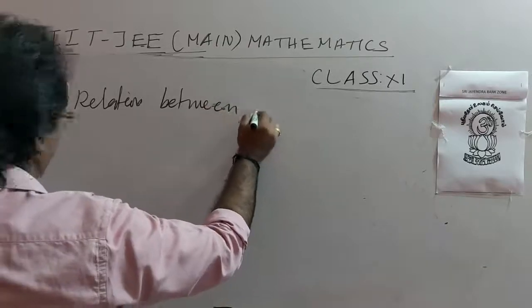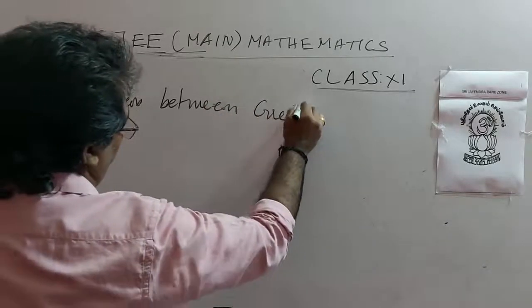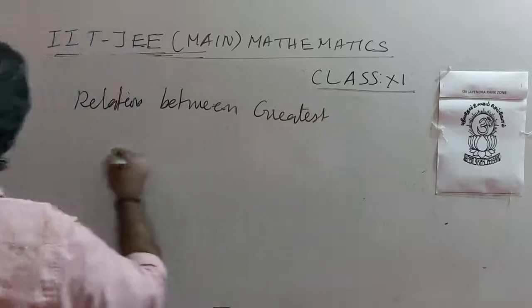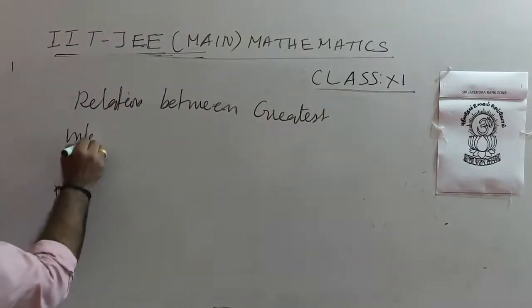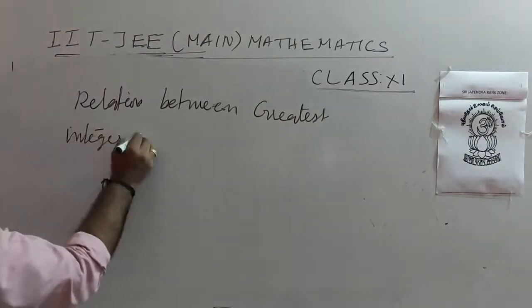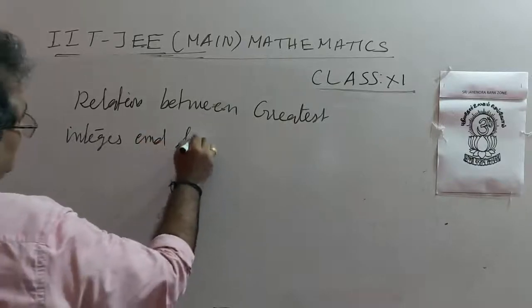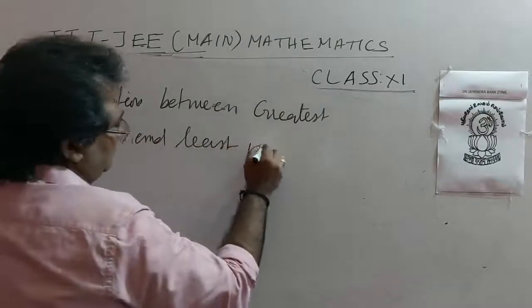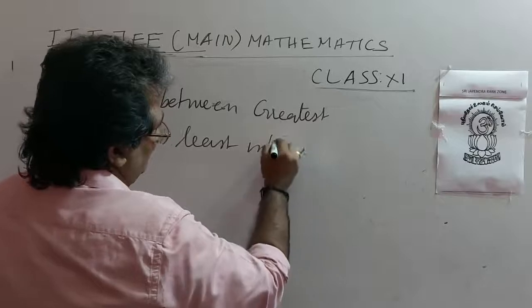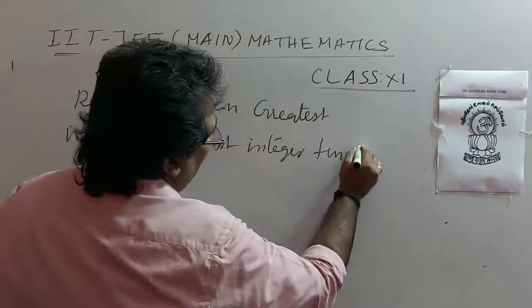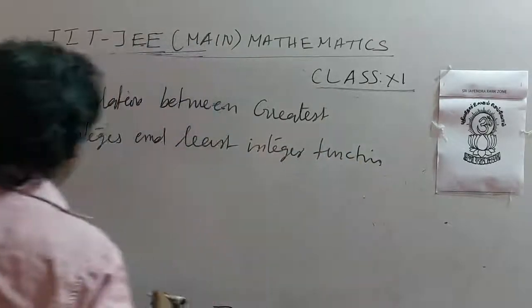Relation between the greatest integer and least integer function.